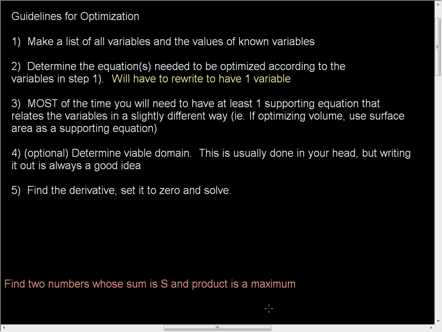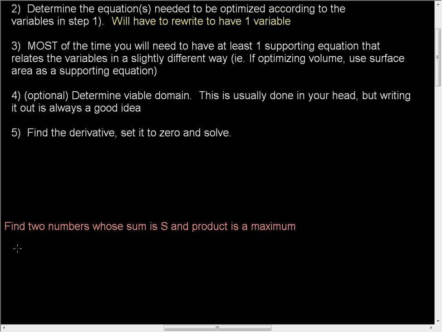All right, so let's go through all these and you can kind of see how it breaks down. So number one, make a list of all the variables and values of known variables. Well, we don't have any known variables, and so I'm going to simply choose the two numbers. So x is my first number. y is my second number.